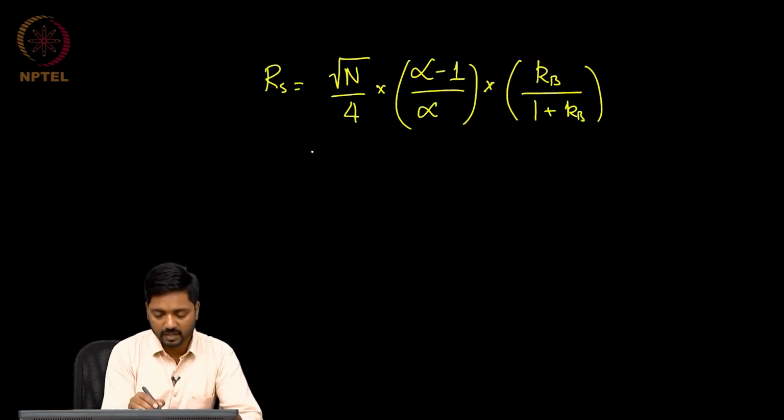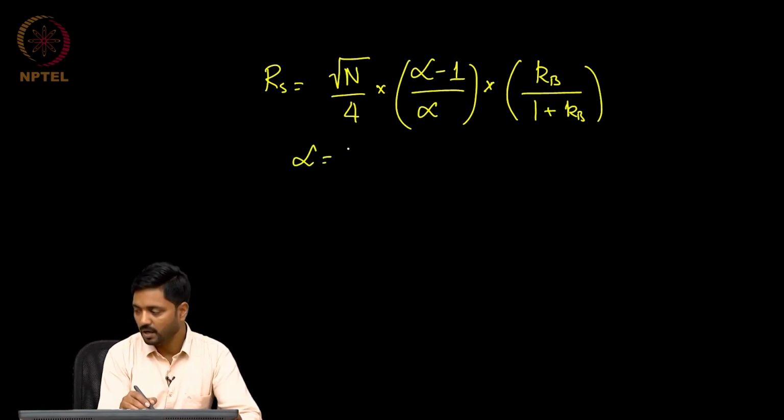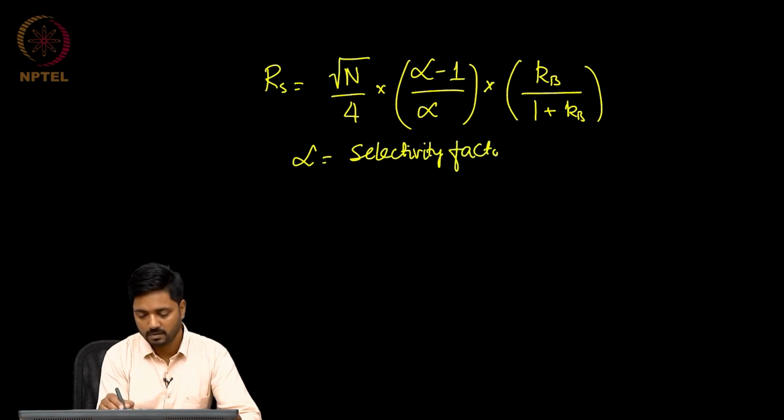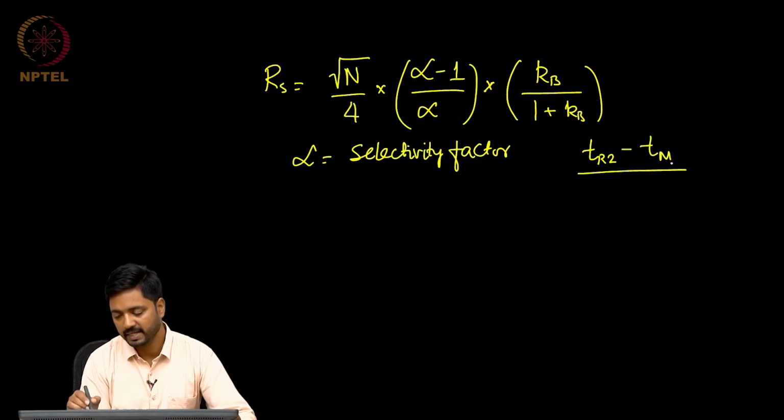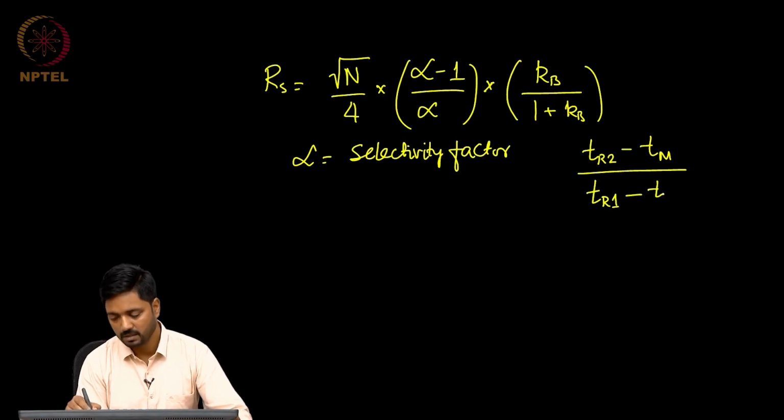Alpha here is our selectivity factor, which is nothing but the retention time for analyte 2 minus the void time, divided by the retention time for analyte 1 minus the void time.